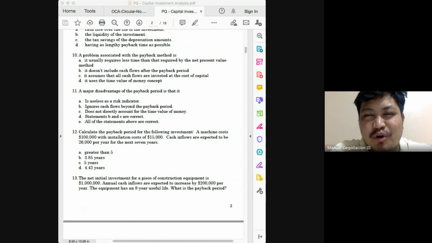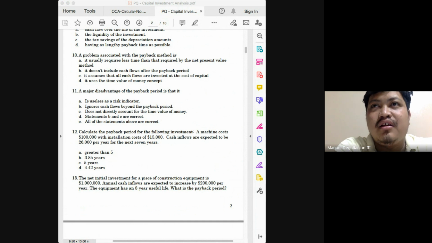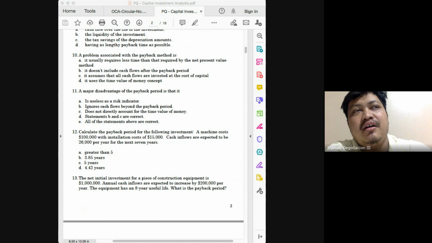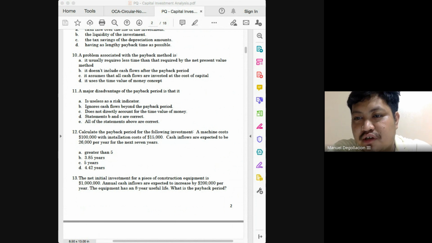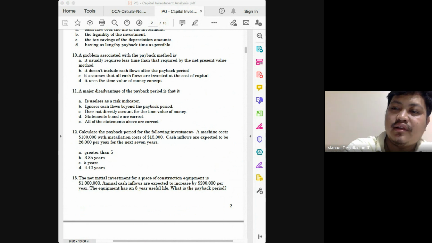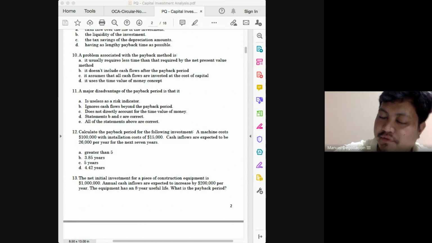Okay, so normally you will have a low or a short payback period if you have large cash flows early on. But what if a huge chunk of the cash flows of the project are earned in the later stage or later part of the term of the capital project?